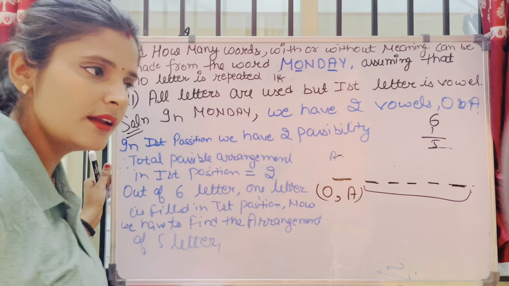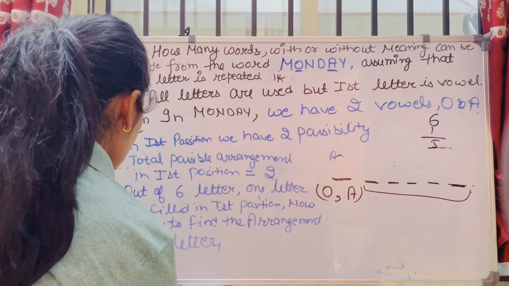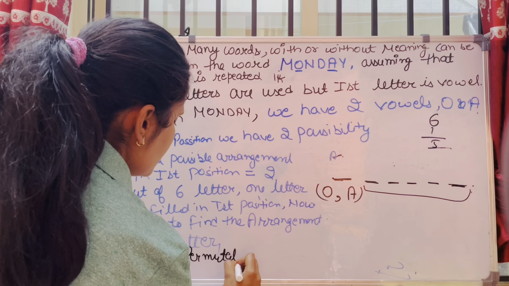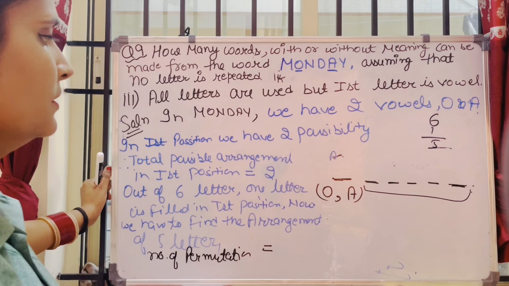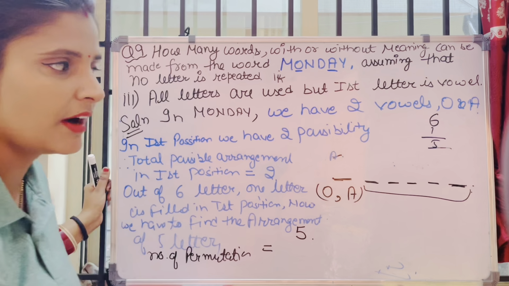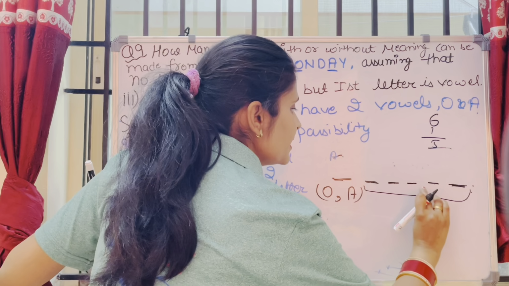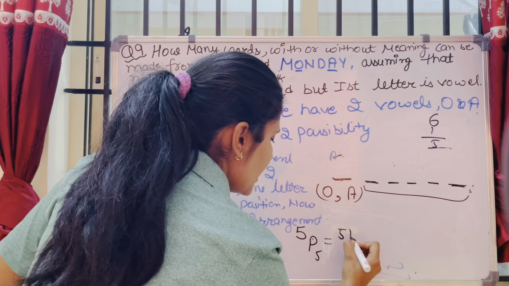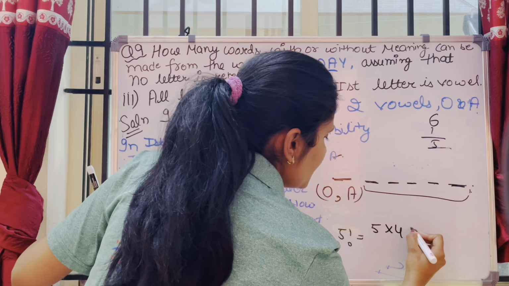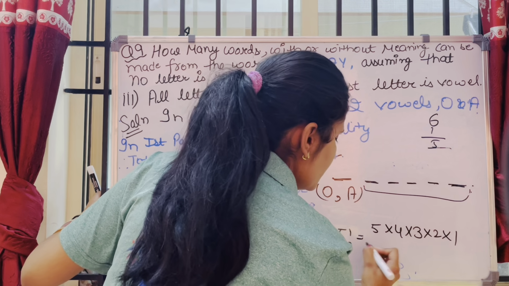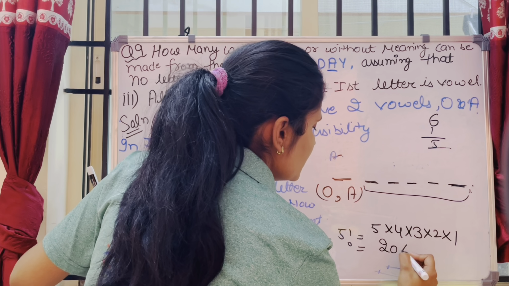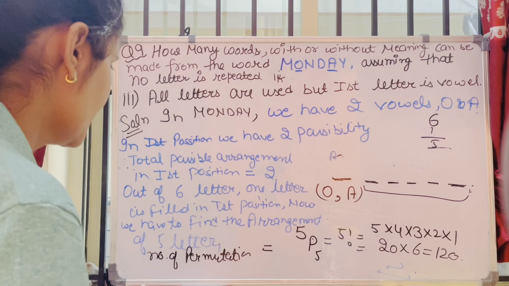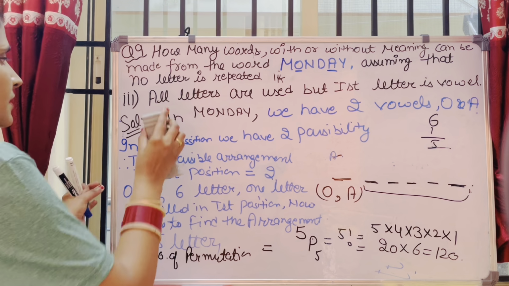The number of permutations of the remaining letters is 5P5, with 5 vacant positions to be filled, that is 5 factorial. 5 into 4 into 3 into 2 into 1, that is 120.